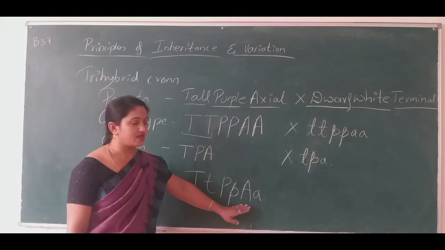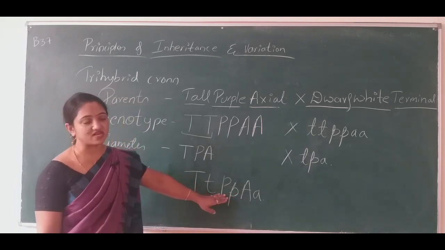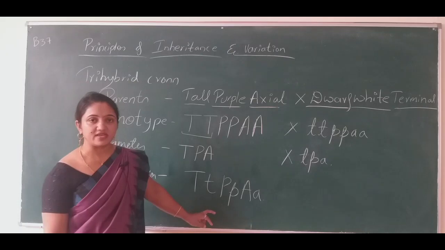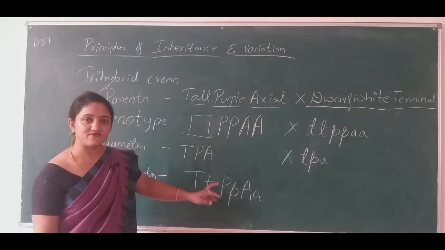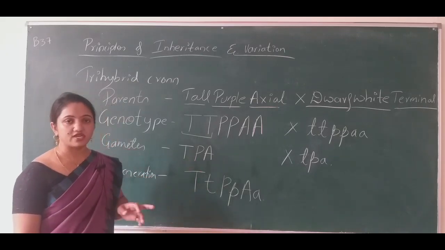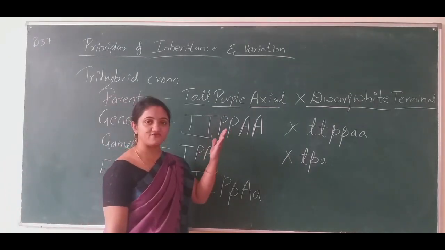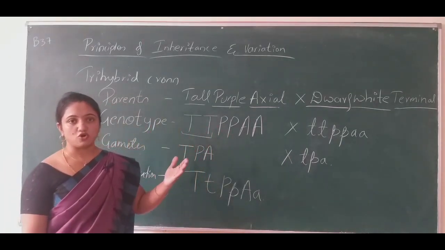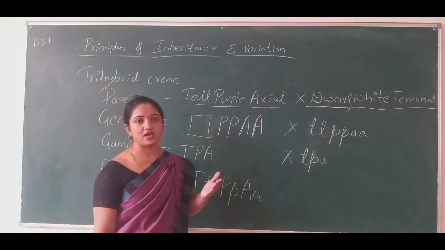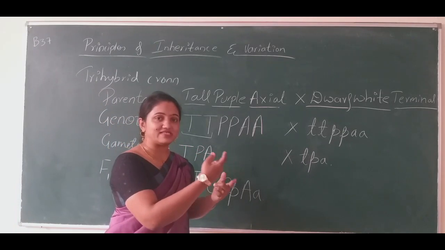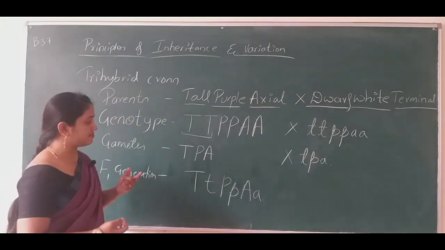It is in heterozygous condition. We will come to know the purity of the offspring when we self-pollinate this F1 generation. By looking at the plant, we cannot judge whether it is in a homozygous or heterozygous condition. We will come to know when it gets self-crossed with the same plant.